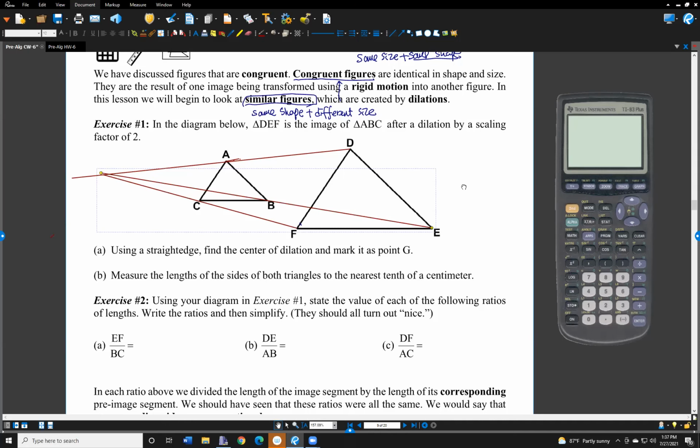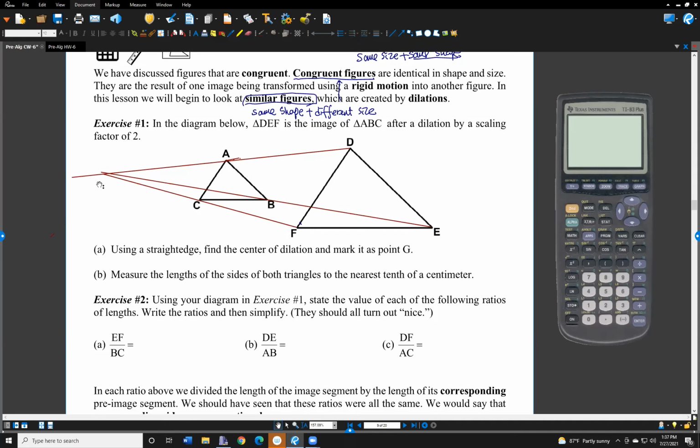That's right. Okay, a little different. I'm going to use this. That's better, right? So where is the center? This point is the center.